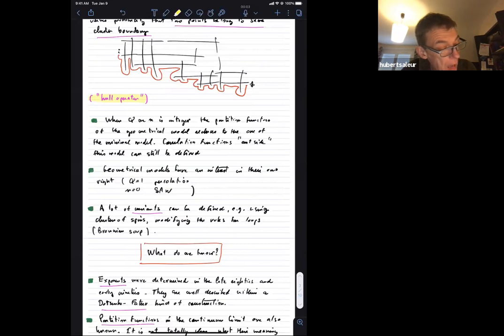Correlation functions outside of the minimal model can still be defined. For instance, even in the Ising model, even in Q equals 2, you can ask yourself what is the probability that two spins belong to the same Fortuin-Kasteleyn cluster, or you can ask what is the probability that 2 points belong to the same cluster of, say, up spins.